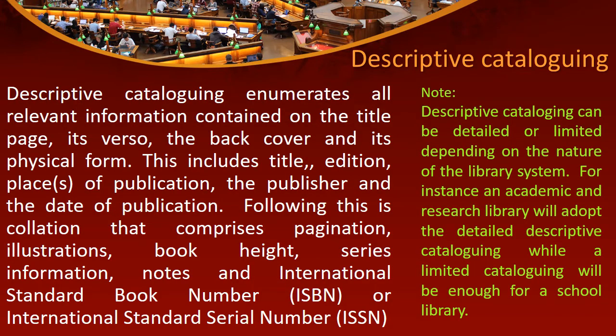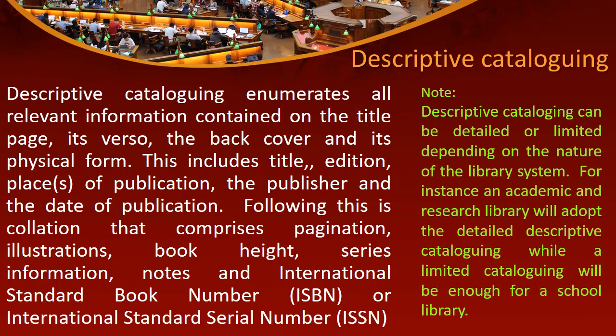Descriptive cataloging, however, is a description of all other information about the book. Descriptive cataloging enumerates all relevant information contained on the title page, its verso, the back cover, and its physical form, say the height of the book, the color, as the case may be.